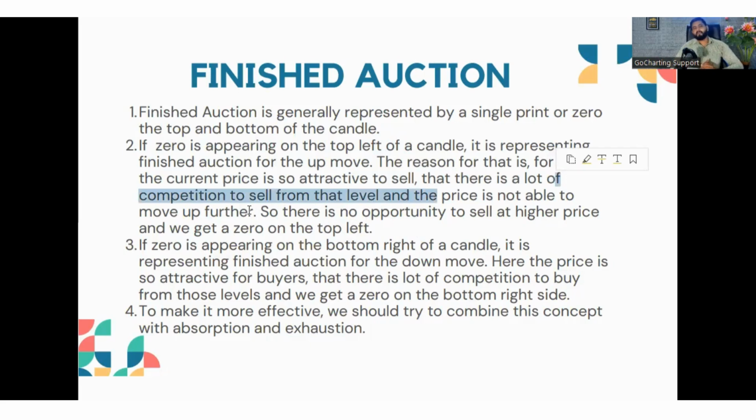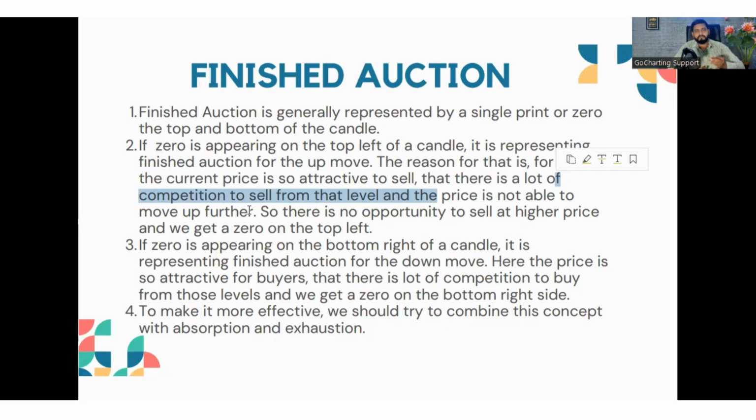So what is happening? On the left side of the candle, there are market sellers. Now everybody would like to sell at a higher price, right? But here, the selling is so vigorous that everybody is trying to sell at whatever price he is getting.